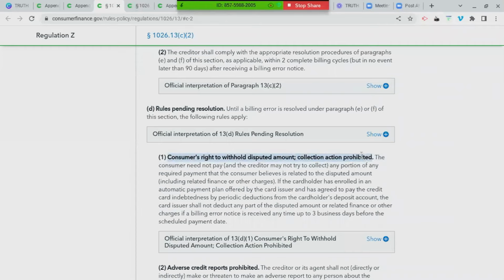So if you were to go in front of a judge and you haven't paid, even though they're not supposed to be collecting any disputed amount, you still want to make it known to the judge that, hey, I've still been paying, even though I have the right to withhold the amount. I've been acting in good faith with clean hands. I've still been paying, but they haven't resolved my billing error.